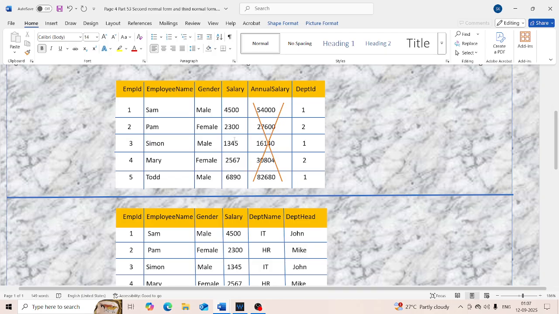So what you can do to make this table in third normal form is remove that annual salary column completely from this table, because we can compute annual salary.